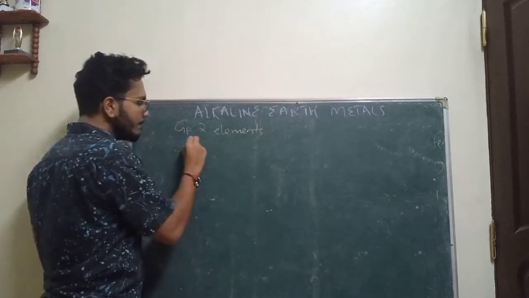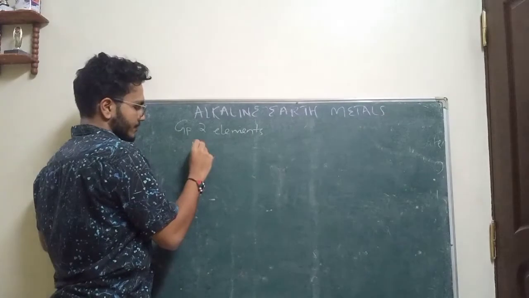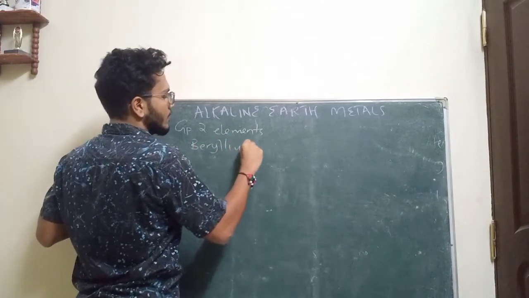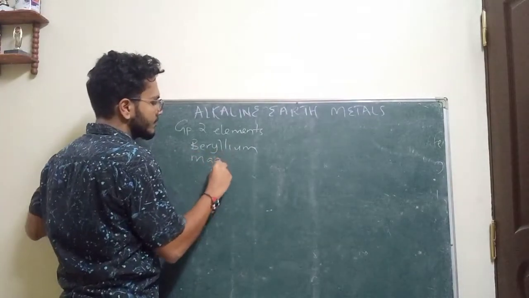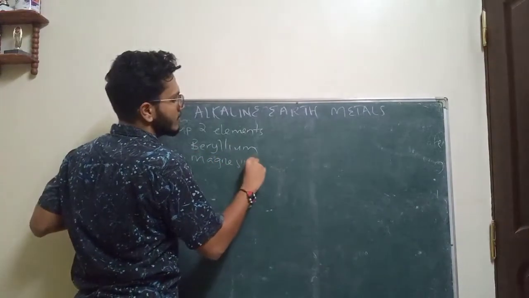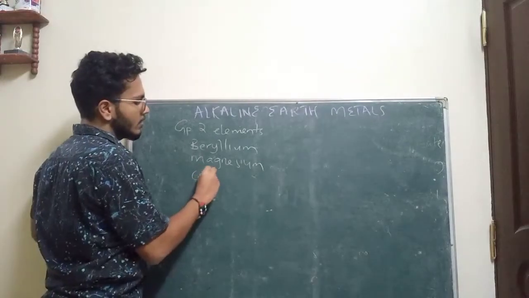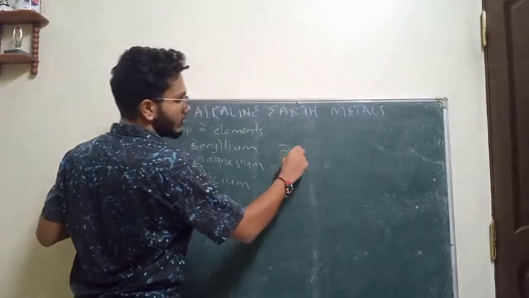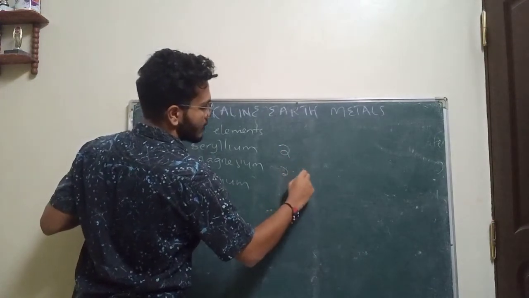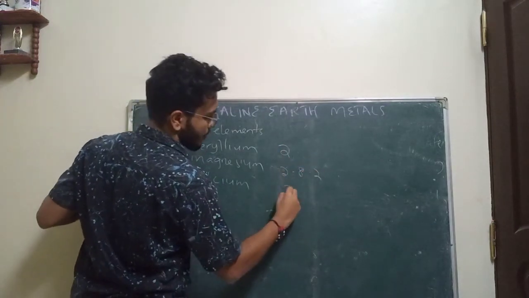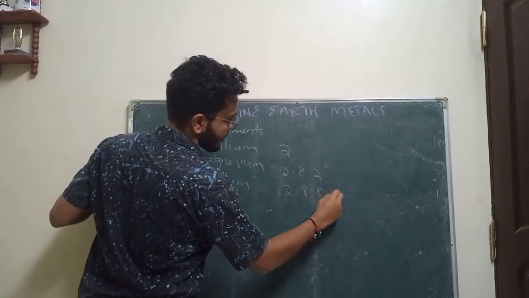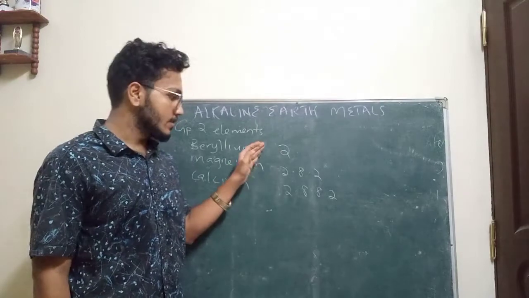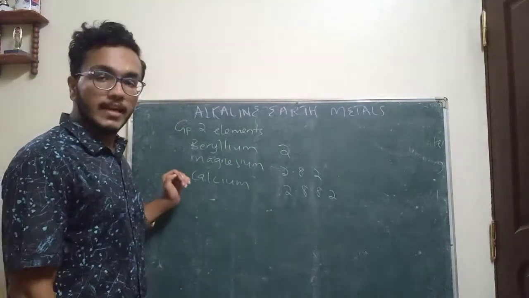We have beryllium, we have magnesium, and there is our good friend called calcium. So beryllium is 2, magnesium is 2,8,2, and calcium is 2,8,8,2. What does this tell you? There are 2 electrons in the outermost energy level for beryllium, magnesium and calcium.